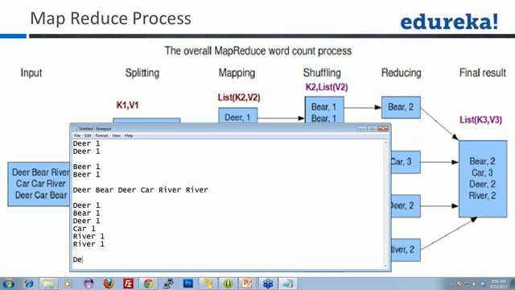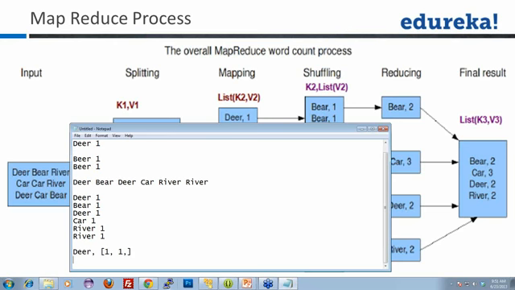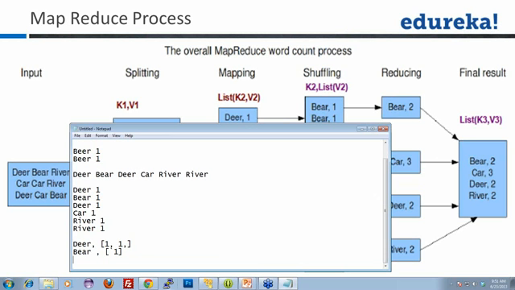I'll do a shuffling and sorting, and what I'll do is I'll create something like this. Deer: 1 1. Bear: 1. Car: 1.